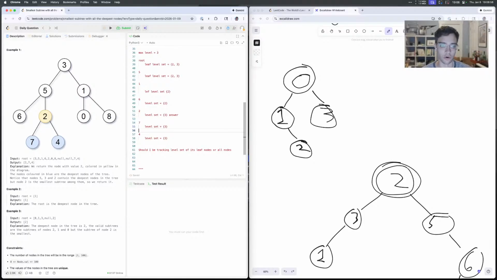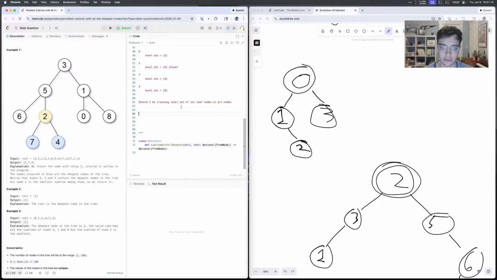Seven's also 3, and 4 also 3, but because there's an answer above it, that's the correct answer. Okay, I'm not quite there, but I think I'm getting closer.